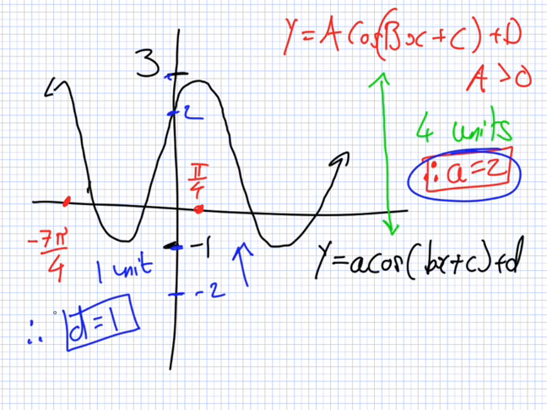Now, if you look here at pi over 4, we have the maximum. And if you look here at minus 7 pi over 4, we have the maximum. So the distance from these 2 points is called a period. It's like one cycle.